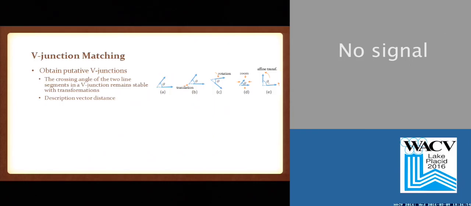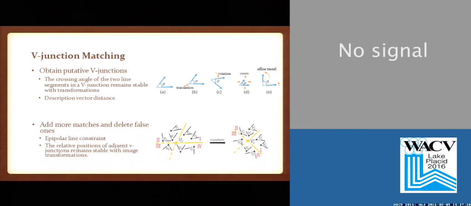Once we have described all V junctions from two images, we can match V junctions. Besides evaluating their description vector distance, another factor that can be used is that the crossing angle of the two line segments forming a V junction remains stable under image transformations.